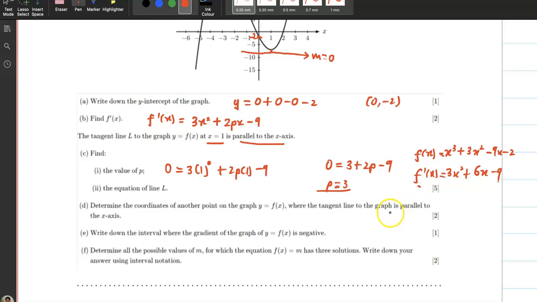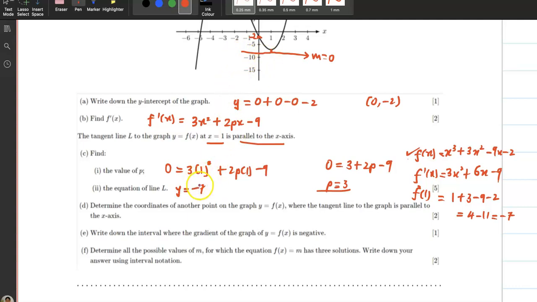Correct? So what's the y value? When your x is 1, can you get your y value? So you put f(1), put in the original function here. So that's 1 plus 3 minus 9 minus 2. How much is that? So that's 4 minus 11. Correct? That's minus 7. So basically the equation of this line is y is equal to minus 7.